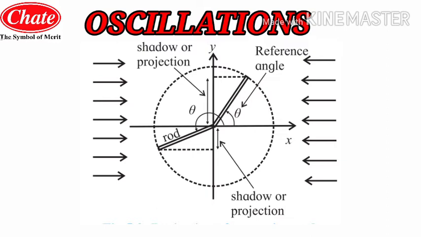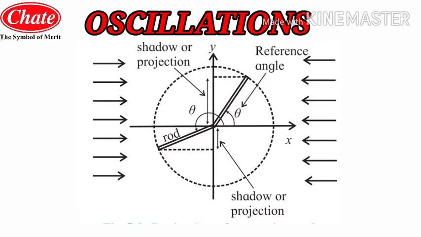Students, we allow the light to fall over that rod from the x-axis, which means the source of light is situated parallel to the x-axis. Now the shadow, or you can say the projection of the rod, will be produced on the y-axis, as shown in the diagram.